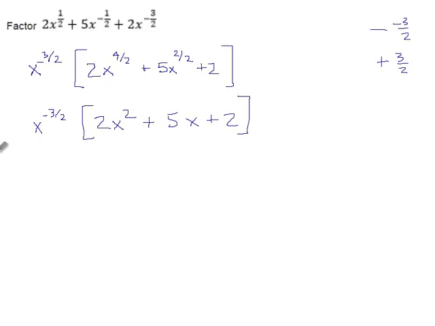Can we factor that quadratic? I think we can this time. They can't all be factored, but in this case we'd need two numbers which add up to 5 and multiply to 4. That's not so bad. We can do that with 1 and 4. So 2x squared plus 4x plus 1x plus 2.